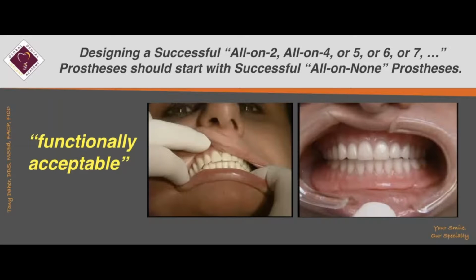It doesn't matter if you put a prosthesis over 2 implants or 3, 4, 5, 6 or 7. The prosthesis you design should start with a successful all-on-none prosthesis, and that prosthesis has to be functionally acceptable, not only from an aesthetic perspective, but also from a functional perspective. So occlusion becomes a big factor in the stability of these dentures.